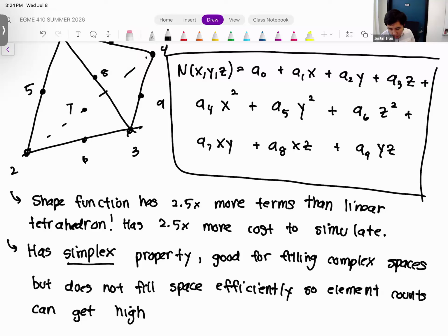But on a per element basis, we do get better solution properties just because we have those quadratic terms. If your solution is changing more rapidly than a linear term, then we can capture that with the quadratic. And with the addition of those cross terms, a7, a8, and a9, any type of solution behavior that depends on multiple variables changing at once, the quadratic tetrahedron will be able to capture more effectively.